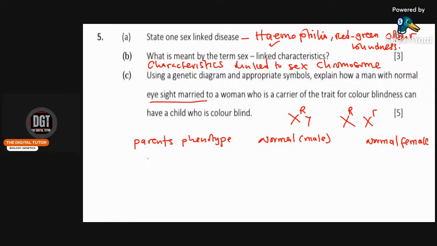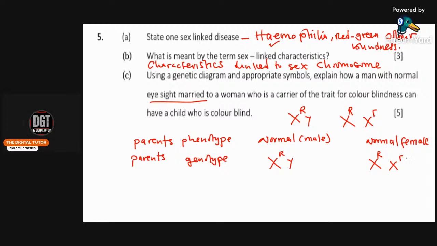Now, what about the parents' genotype? For a normal man, we said it is X^R Y. For a woman who is a carrier, it's X^R X^r. Please start with the dominant, the normal allele, the one that is not affected.